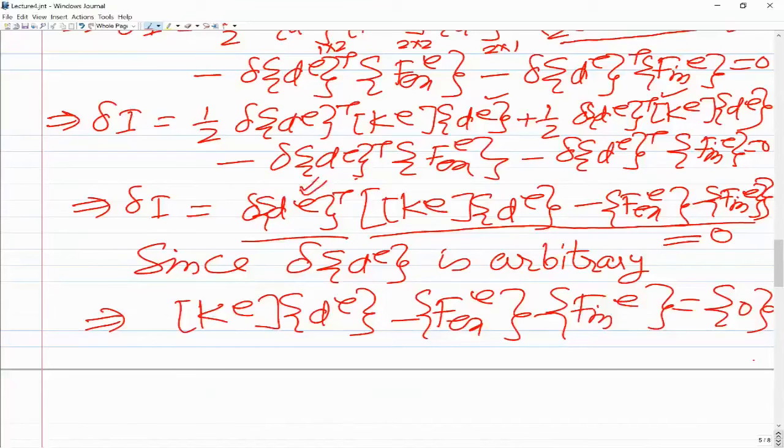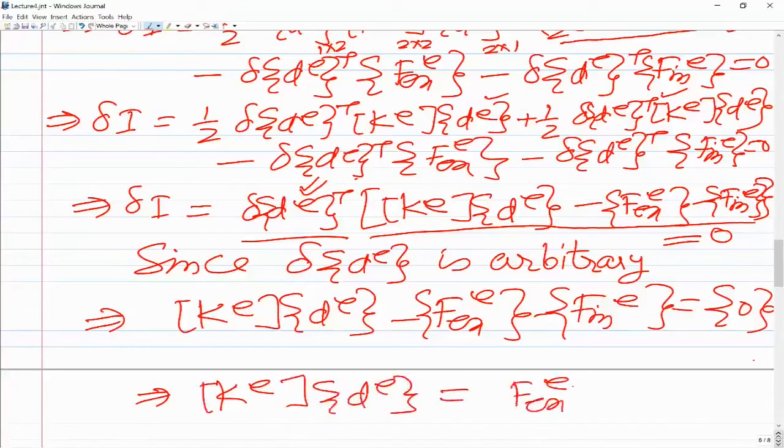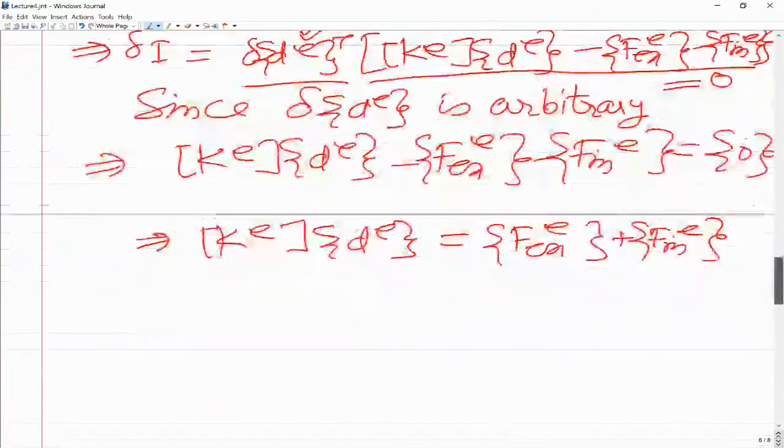So now you can take the force terms on the right hand side. So you can say that this is Ke into De is equal to F external for the element plus F internal for the element, and this we call the element level governing equation.